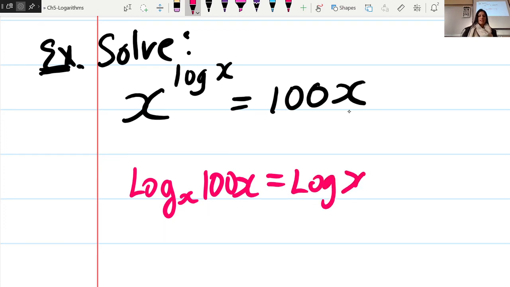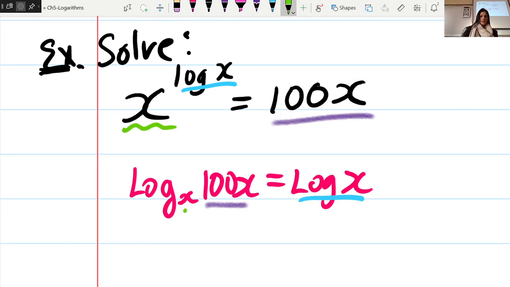Log x. So to make it clear, that came from up there. That came from there. And then we already know the other part. That one is just that one. Good?